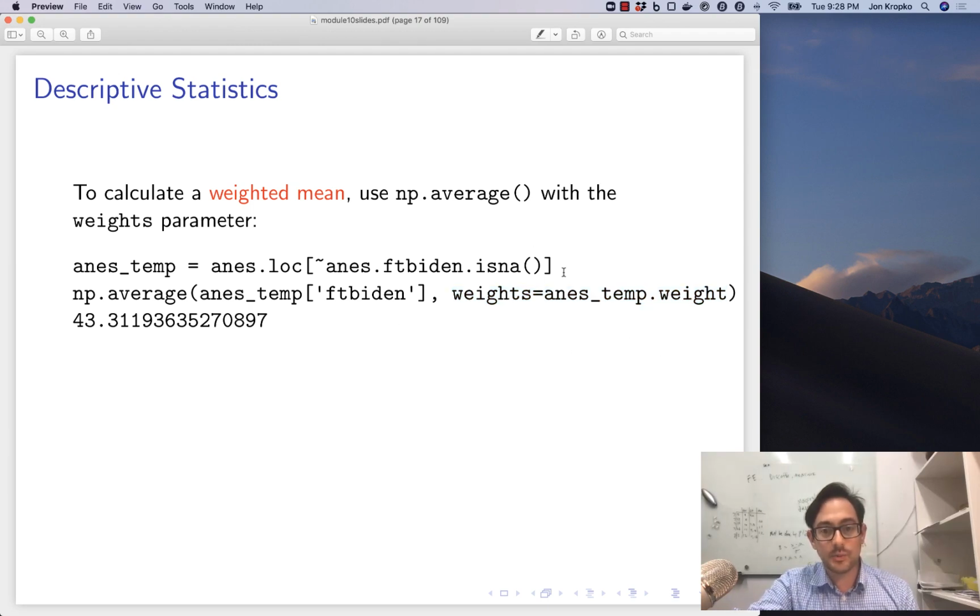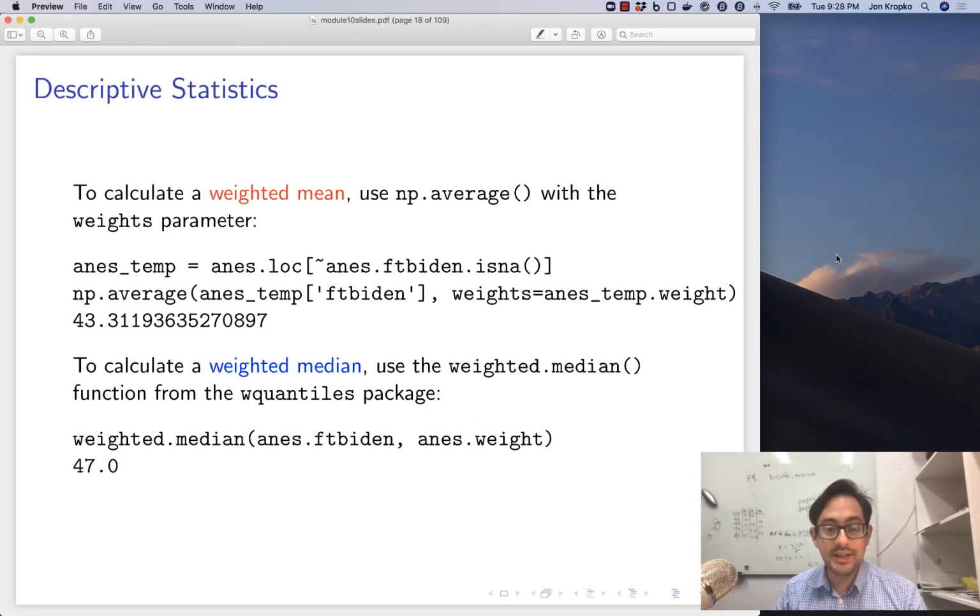This is after removing the missing values on Biden, which is a way to remove the rows with missing values for the Biden thermometer, because the NumPy function doesn't know what to do with missing values. Anyway, when we reweight it, the average goes up. It was 42 before, now it's 43.